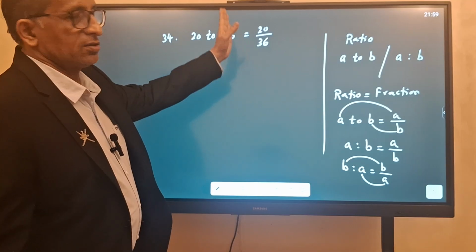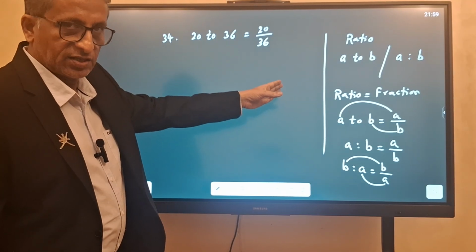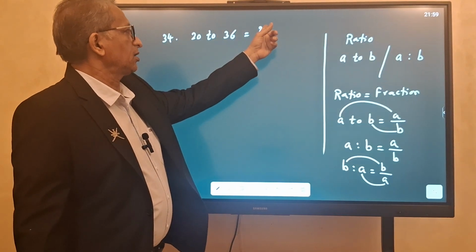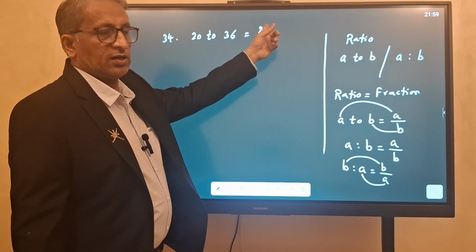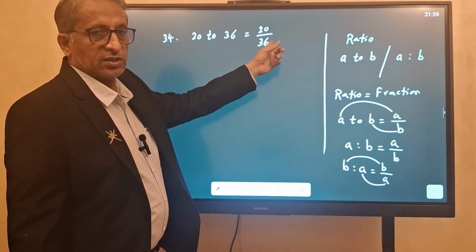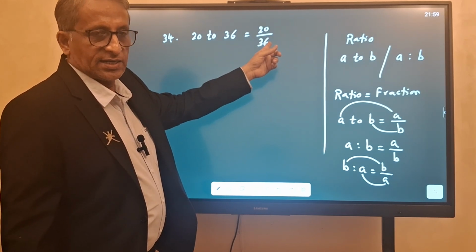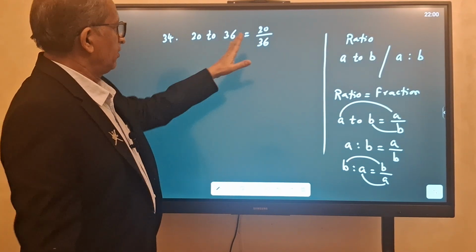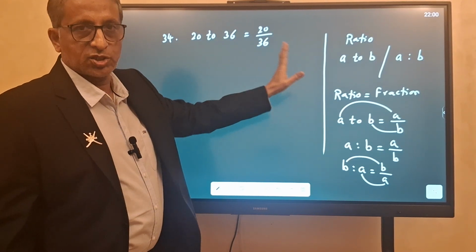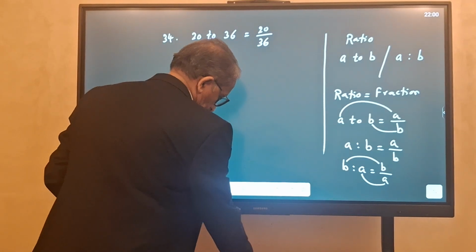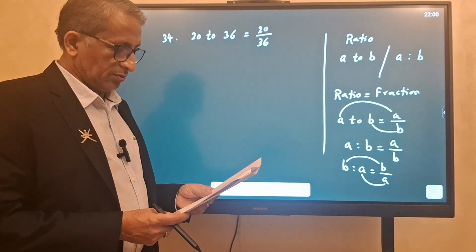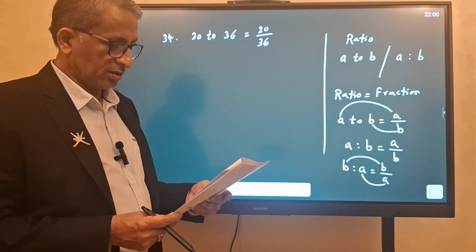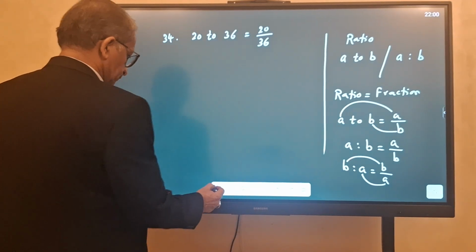Suppose I ask you to simplify the fraction, you will have to take the factors of 20 and the factors of 36, cancel the common terms, then it is simplified. If it is only conversion, stop here. You can do questions number 35 and 36.